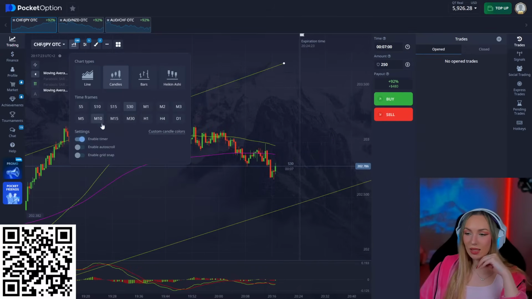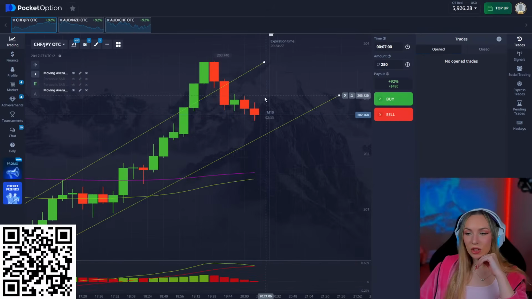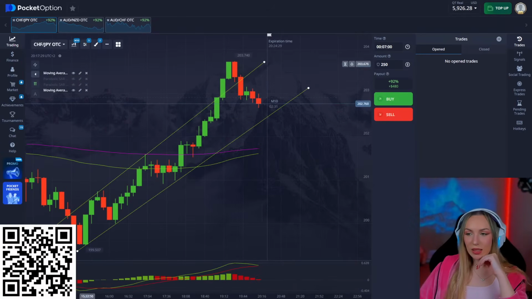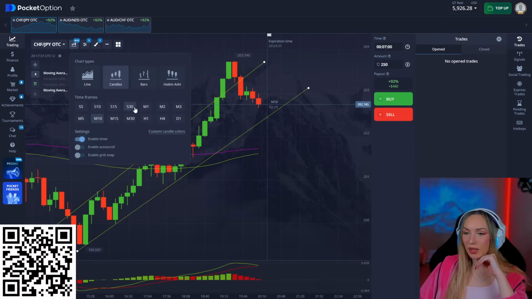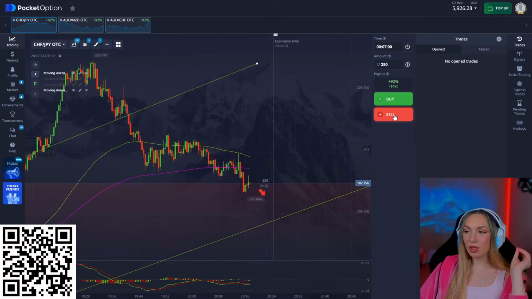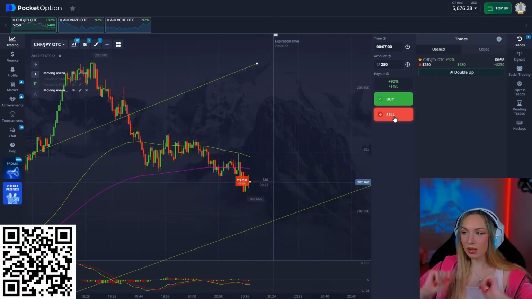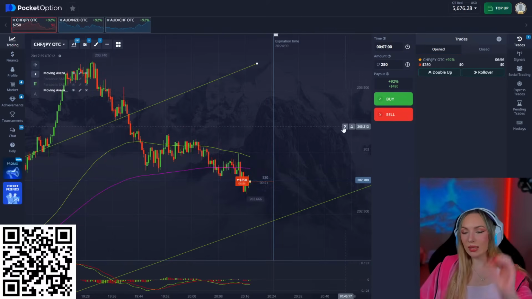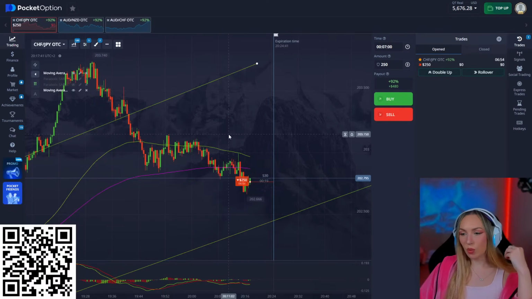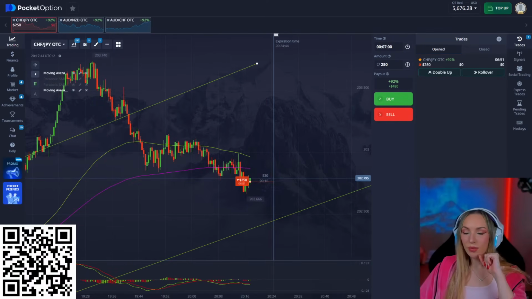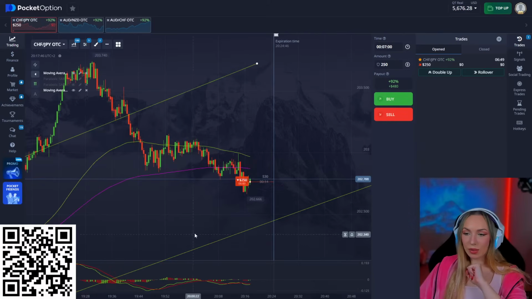Right now it's close to the support, and in general it has an upward trend, and it's kind of risky to open the trades in the downward direction, but I'm going to take that risk. 7 minutes in the downward direction, CHF JPY, I entered. Let's see how it goes. I believe that it will go lower.